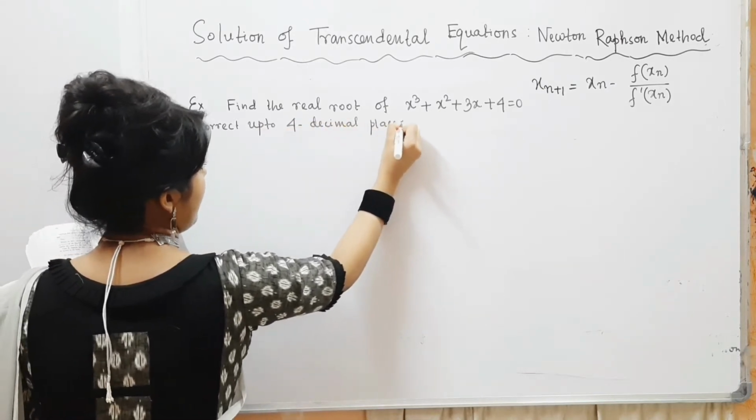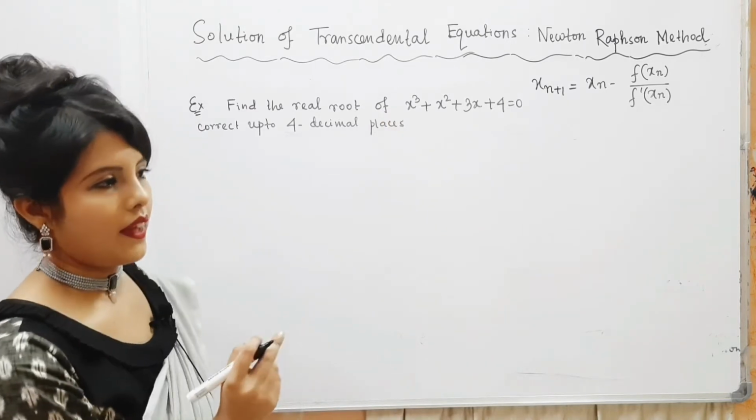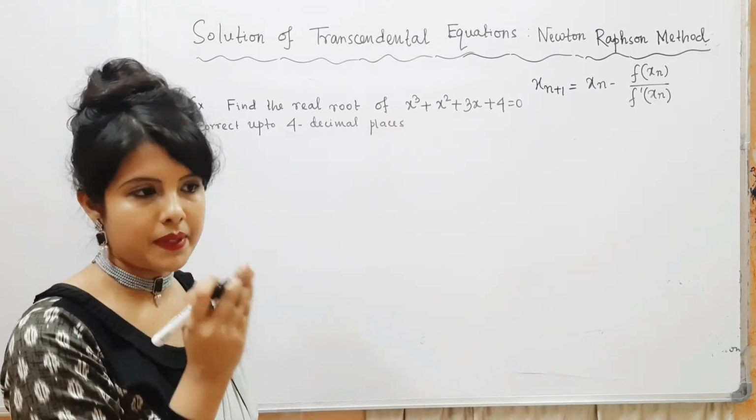That is, you have to consider the root to 4 decimal places after the point.